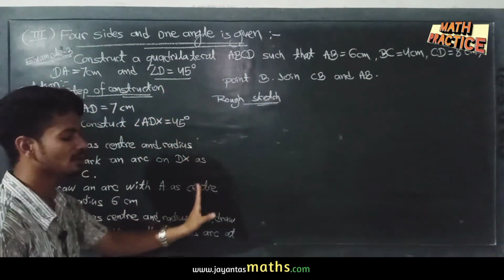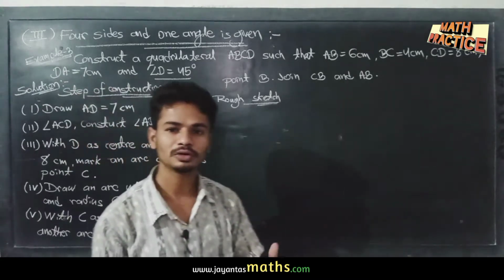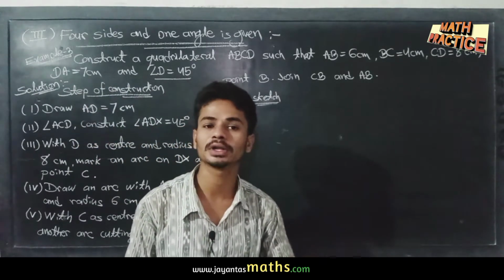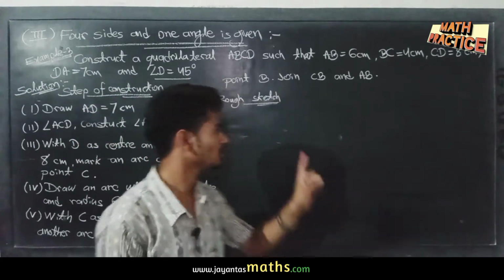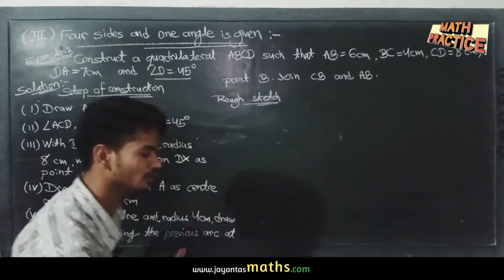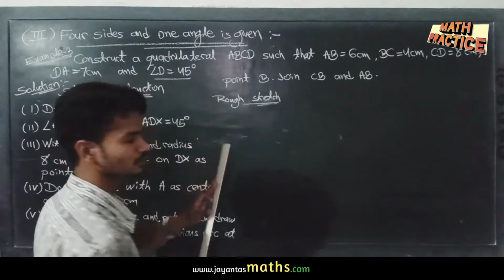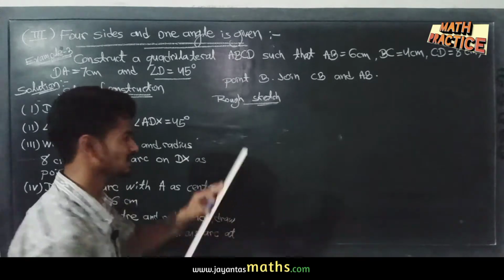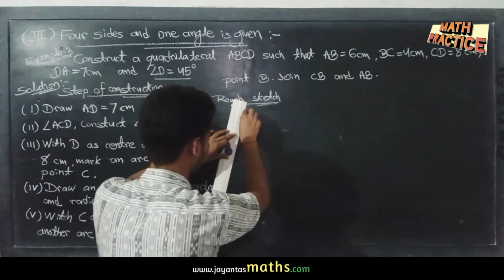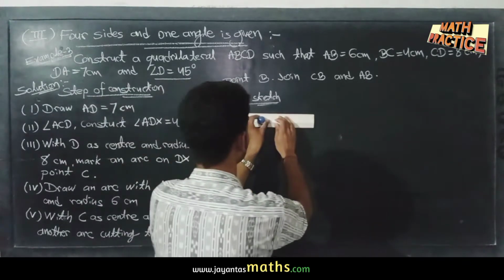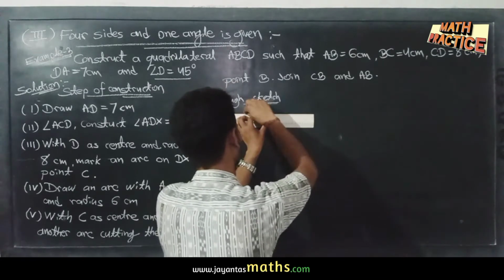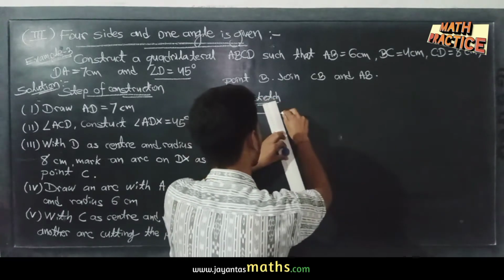Now we can draw the construction, but remember, first we draw the rough sketch. We need to use a scale and pencil and draw any type of quadrilateral. It does not need to be similar to the original quadrilateral.